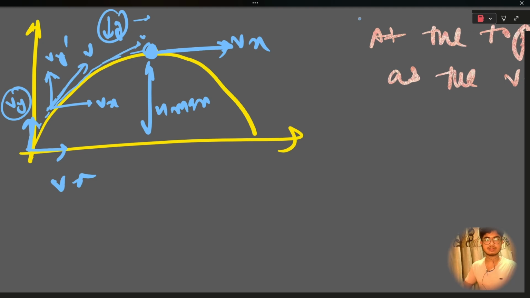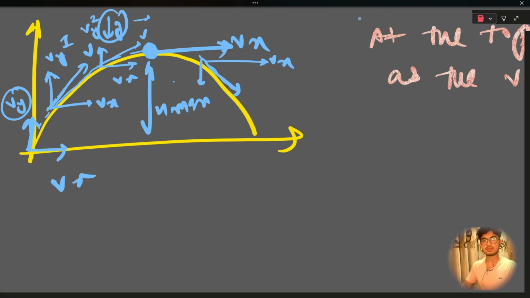It decreases, the velocity is here, again Vx. This is suppose Vy1, this is Vy2, and at this point it completely decreases. Now draw a tangent to this line. Similarly, it increases in the negative direction, so the velocity is in this direction.